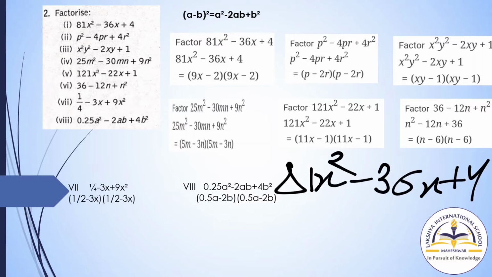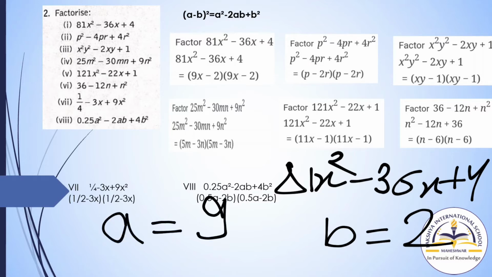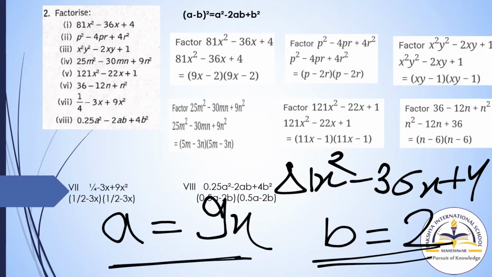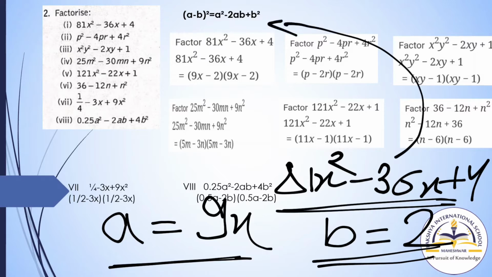Now here just see b equals 2 and a equals 9x. When you compare this to the given identity, a equals 9x and b equals 2.